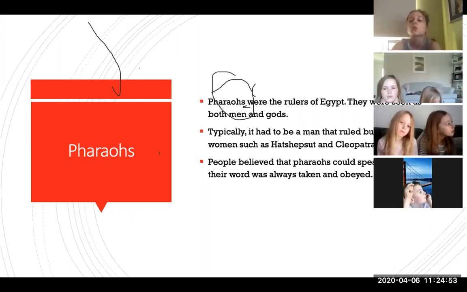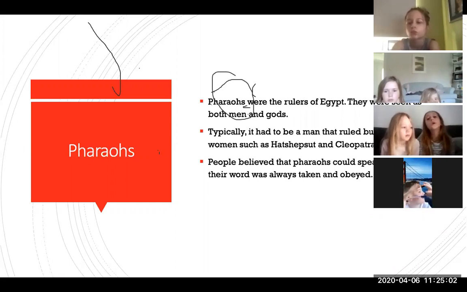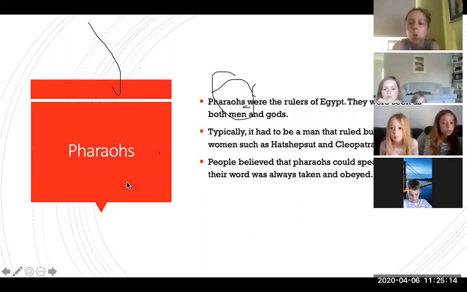They are the only two female pharaohs that we know of. Hatshepsut was quite early on, and Cleopatra was nearly at the end. So people believed that pharaohs could speak to the gods, so therefore their words were always taken and obeyed. So they were seen as very, very important, special people because they were able to talk to gods.